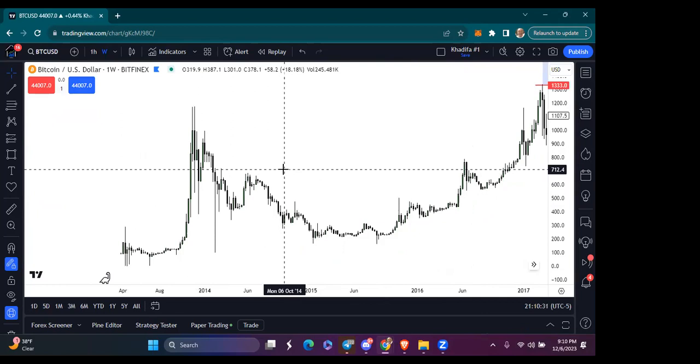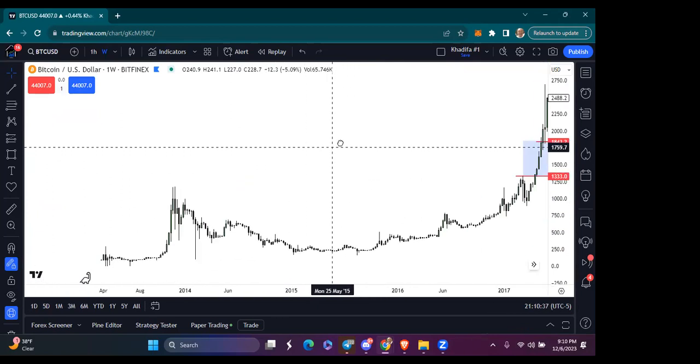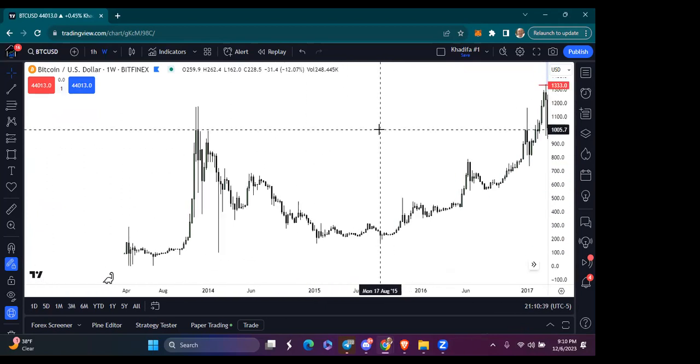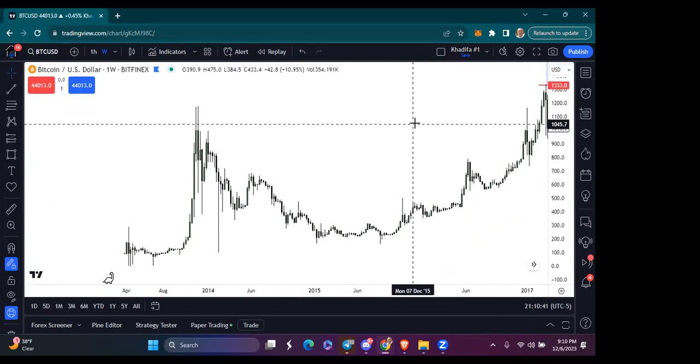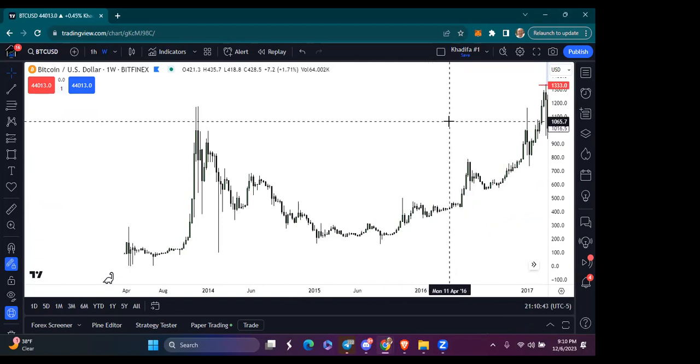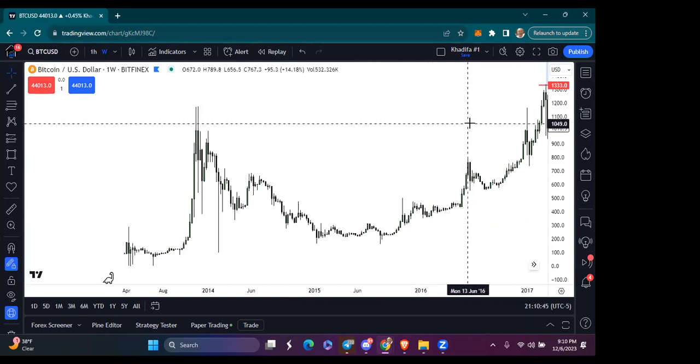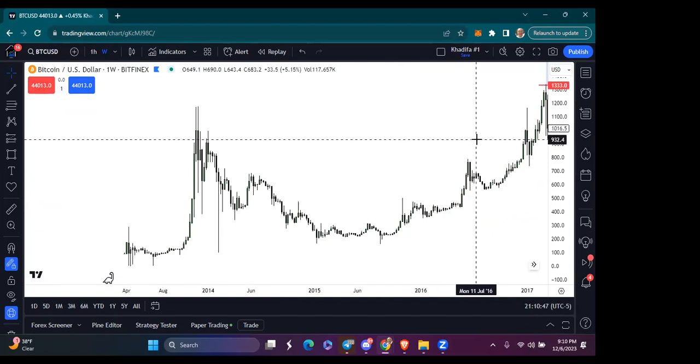The second halving was July the 9th, 2016. Right here, July 9th.